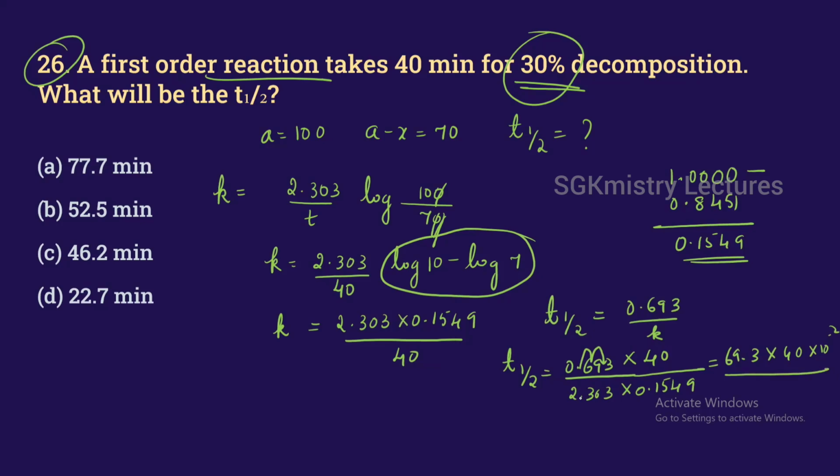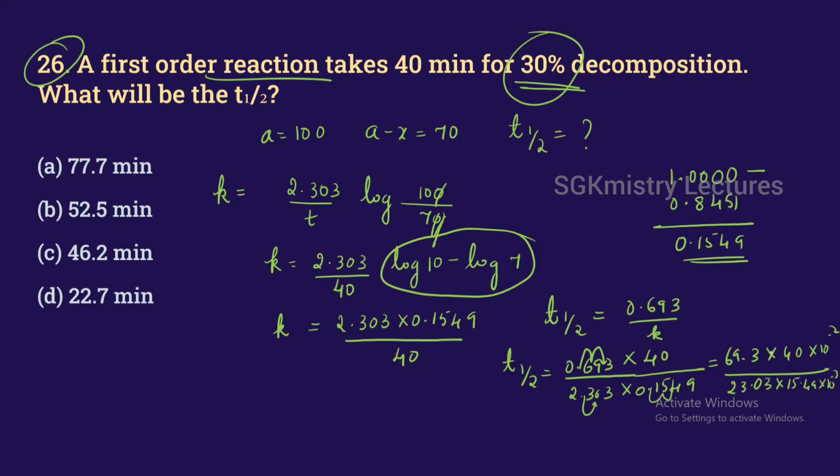Now here, here also, let me try to shift the point so that multiplication becomes easy. Here I shift 2 points. So 23.03 into 15.49. I have totally shifted 3 points. So minus 3. So here we have, let me just do the approximate multiplication. So 69.3 into 4 I can do.